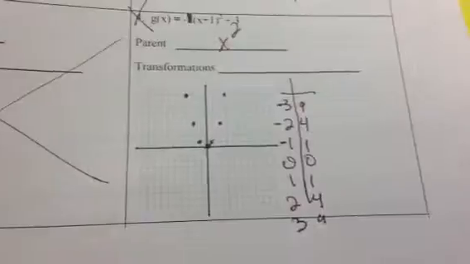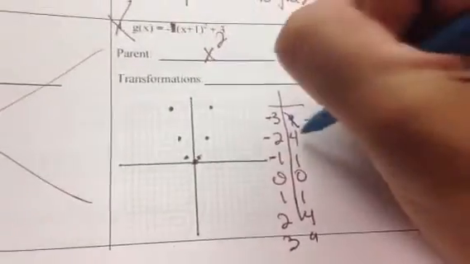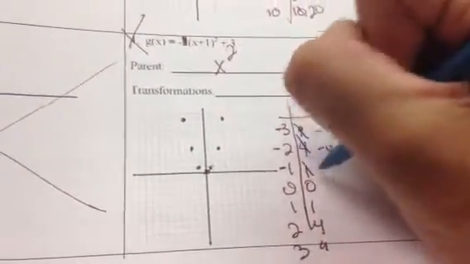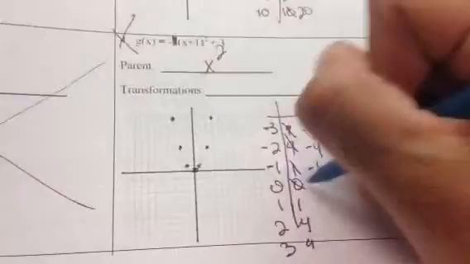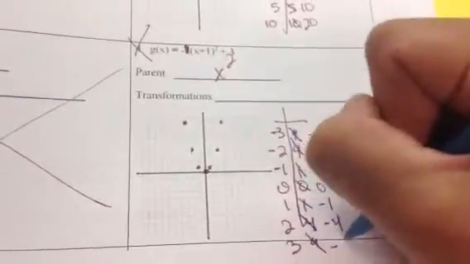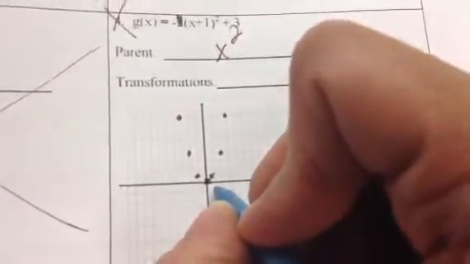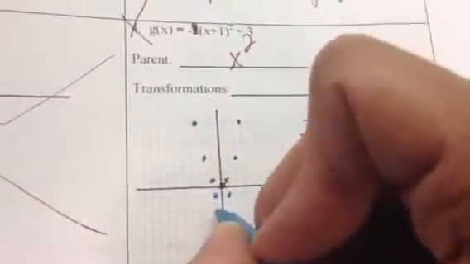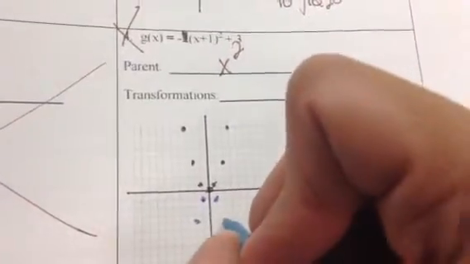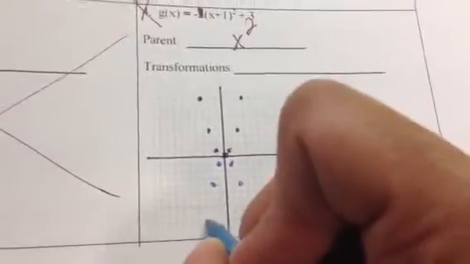I'm taking all of these y's and making them negative. So now it's negative 9, negative 4, negative 1, 0 still 0, negative 1, negative 4, negative 9. So they're all going to switch upside down. So this one will stay where it is. Now these are down here. And those have flipped. And these points have moved all the way down here. Okay, so I've got an upside down parabola now.